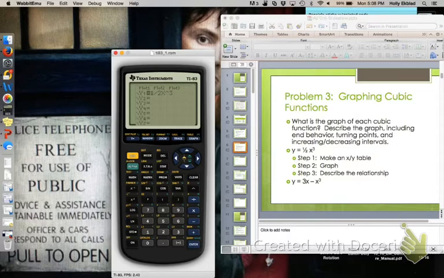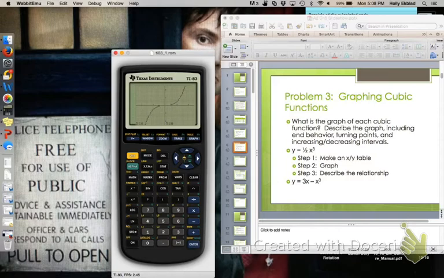I'm going to graph it, and then it looks like this. You can see it kind of looks like two half parabolas that are crossing in the middle. I'm going to go ahead and zoom in just so you can get a better idea of what's happening inside here. So you can see it comes up, it stays the same, and then changes direction and goes up again.